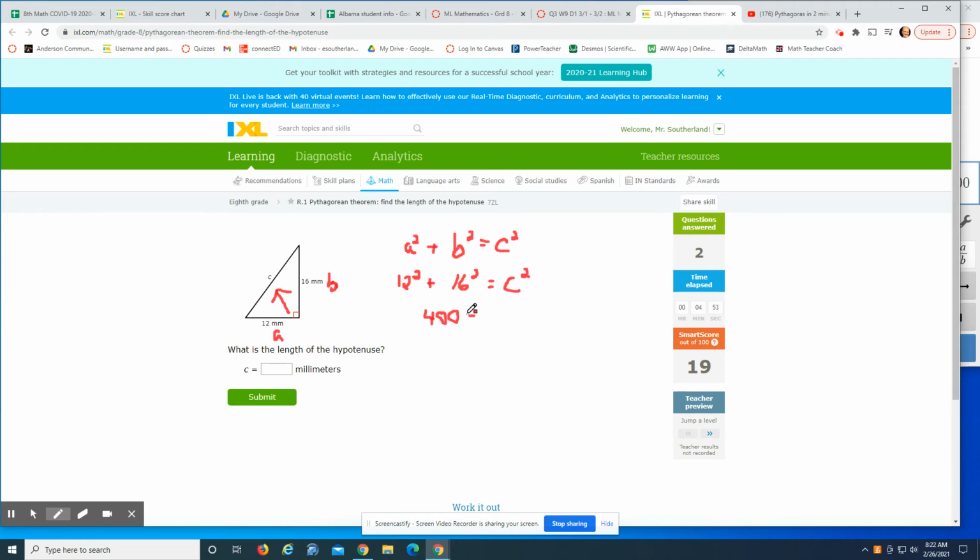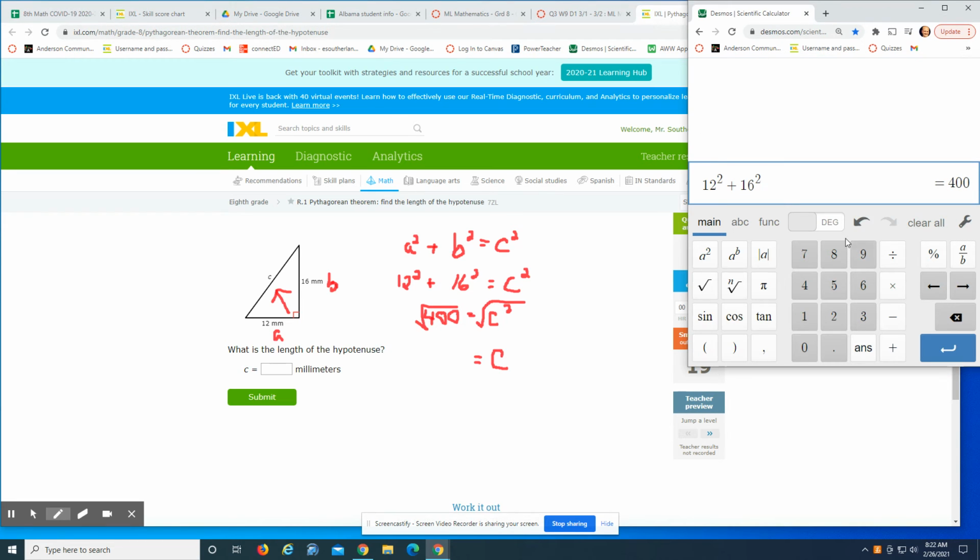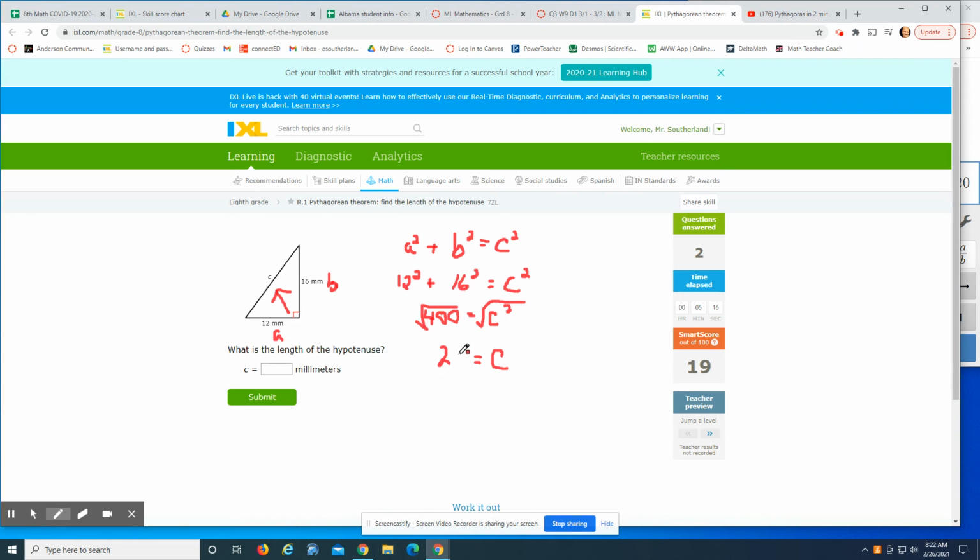It's equal to c squared. You're going to find the square root of both. C squared is going to be c. Then you can go back to your calculator, hit the square root sign, and type in 400. You'll see that it's equal to 20. We type in 20 here.